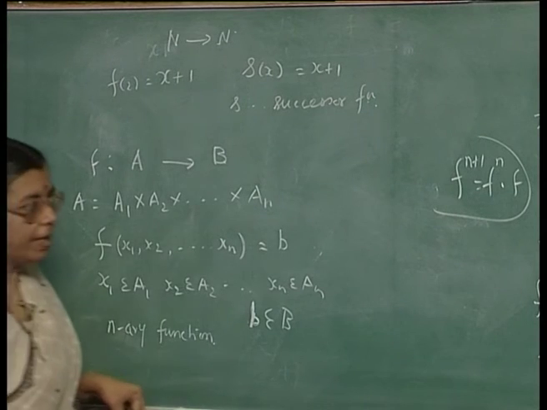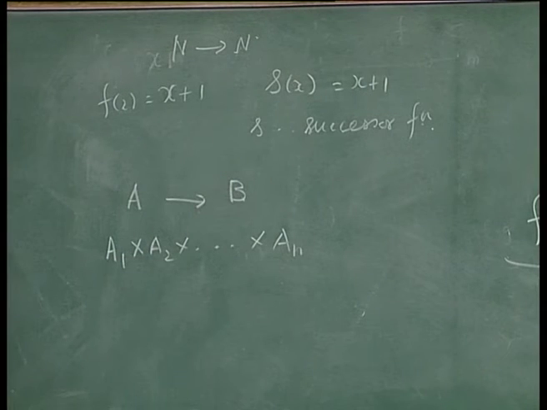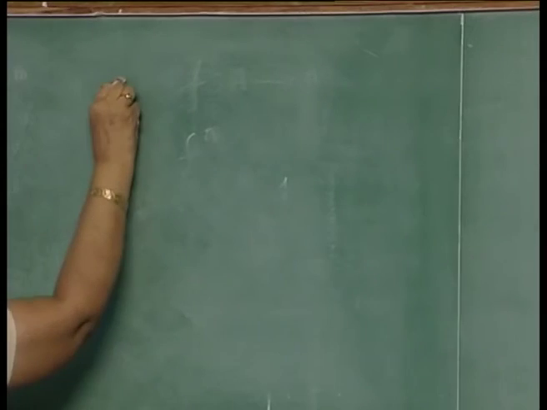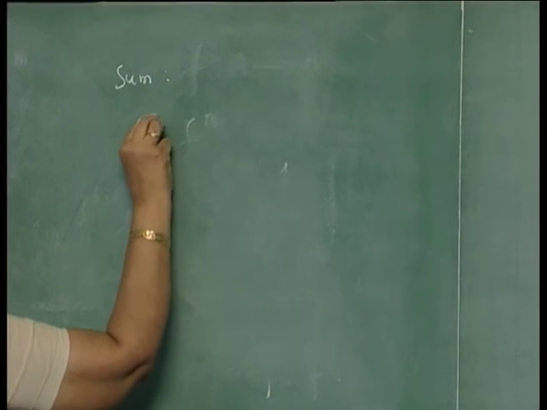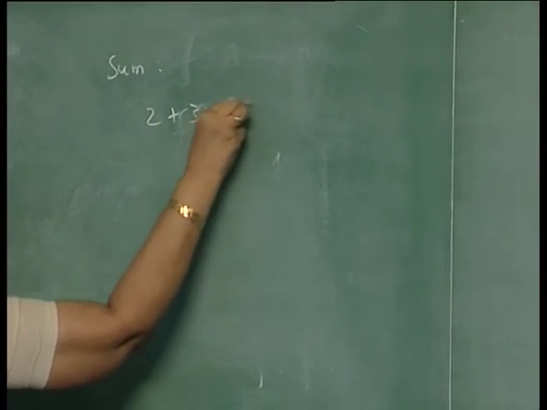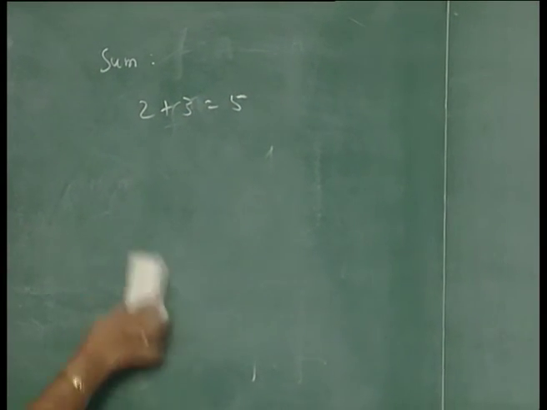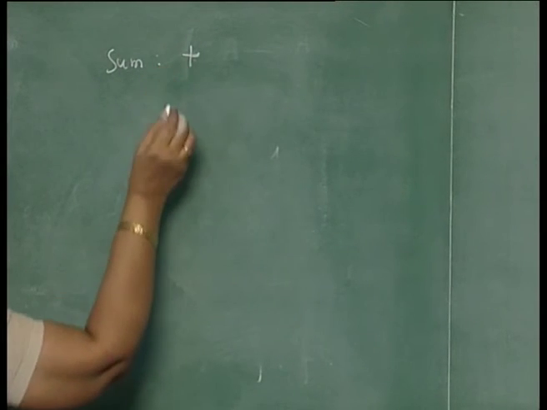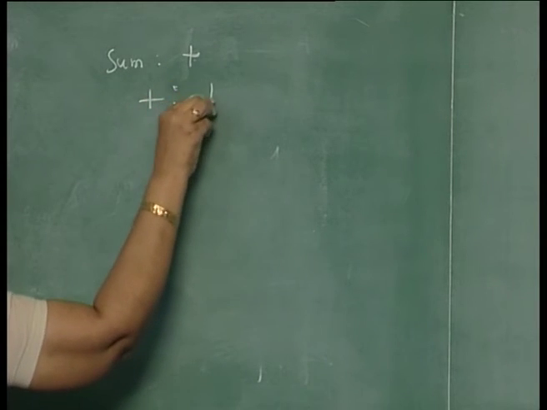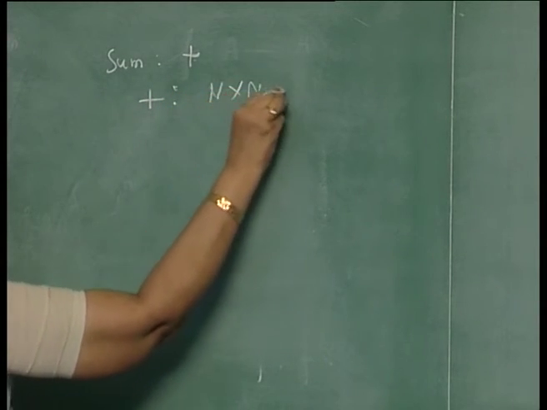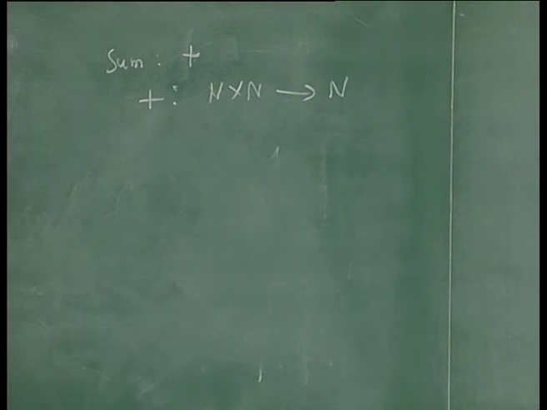For example, if you take the sum of two integers, it is, you say 2 plus 3 is equal to 5, like that, isn't it? So, this is defined like this: if you denote sum by plus, plus maps N cross N to N. Let us take the non-negative integers.